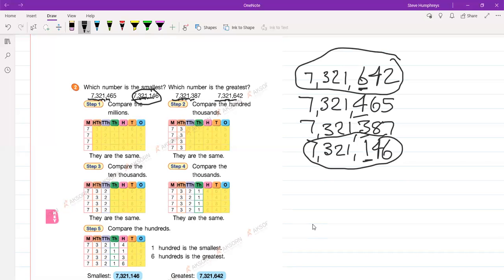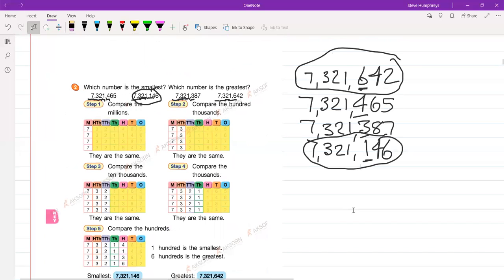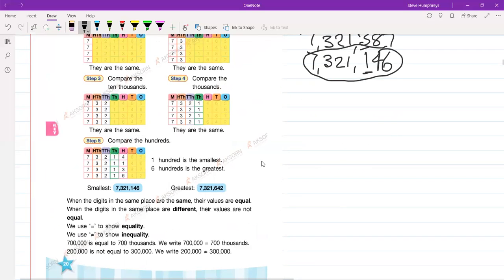So we compare the 5th digit, which is the hundreds place. 600, 400, 300, 100. Okay. So that's what that's telling you there. The smallest is 7,321,146. The greatest is 7,321,642.